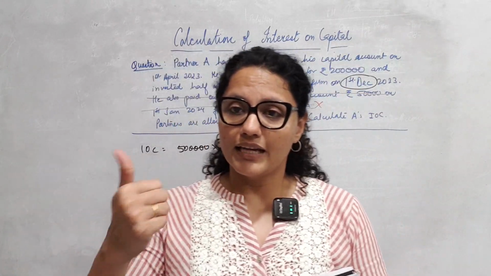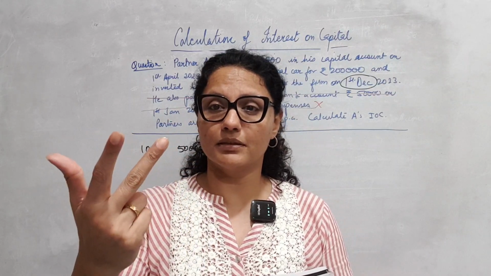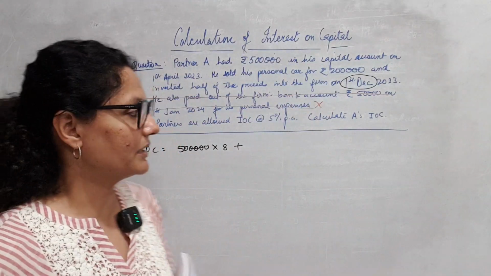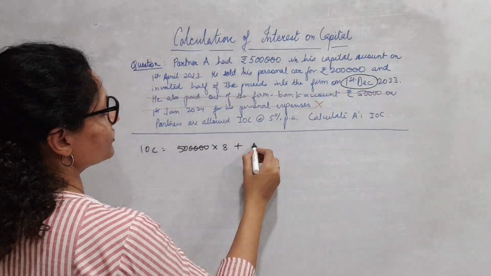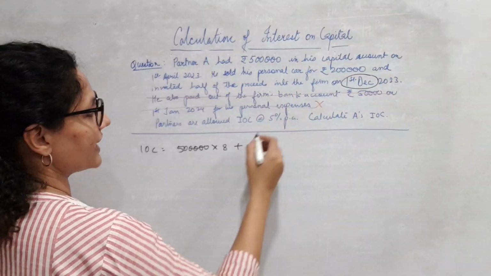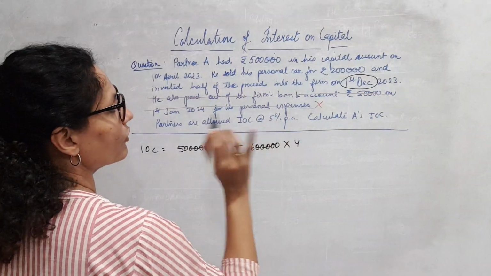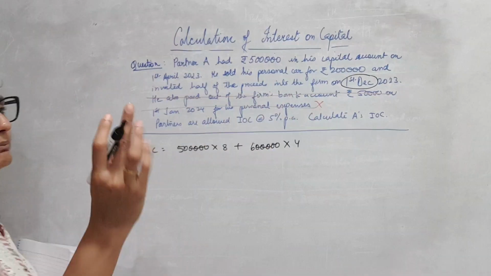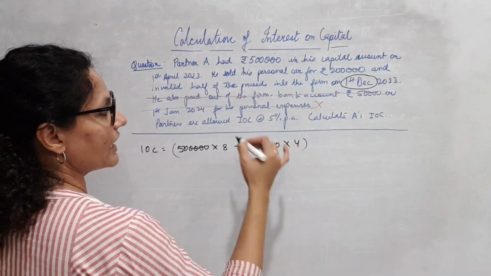So it's like April, May, June, July, August, September, October, November. 8 months. Then we stop at November. And then it changed, 1 lakh was added, so it became 6 lakhs. So 6 lakhs into the remaining 4 months, December, January, February, March. 8 plus 4, 12. This is effective capital.